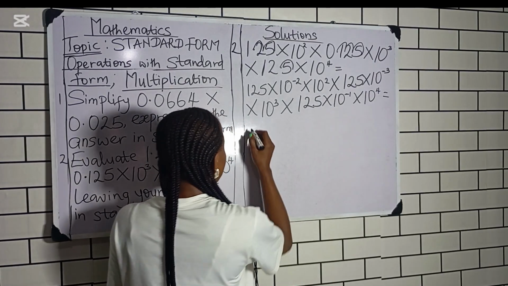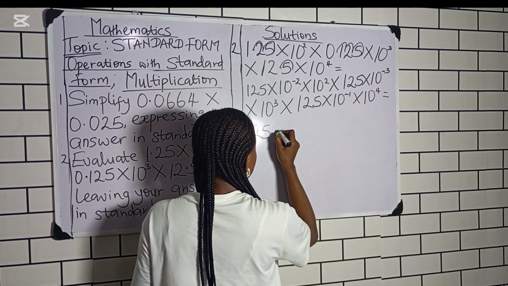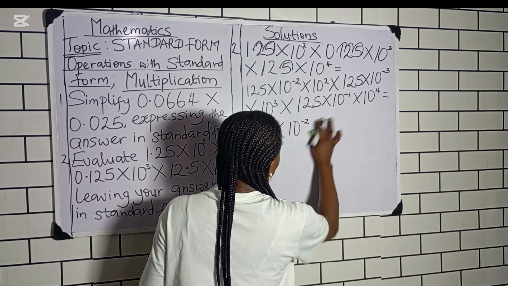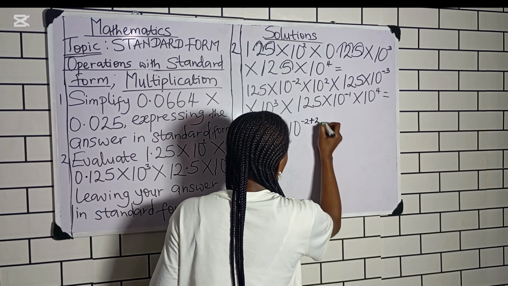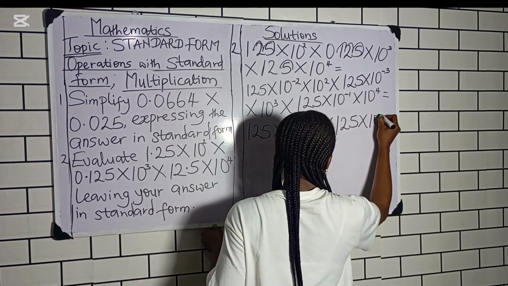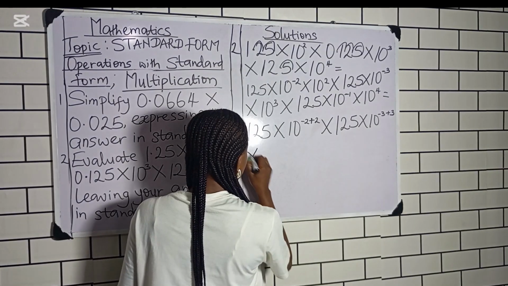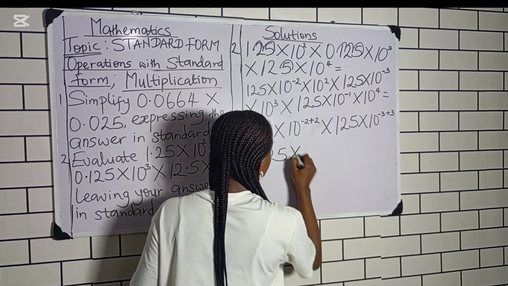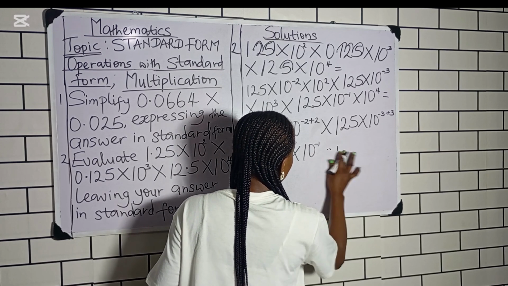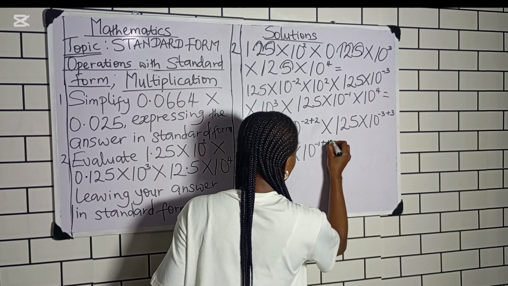Now, going further, we have our 125. Since the bases are the same here, we're going to add the powers. Times 10 raised to power minus 2 plus 2, times 125 times 10 raised to power minus 3 plus 3, times 125 times 10 raised to power minus 1 plus 4.